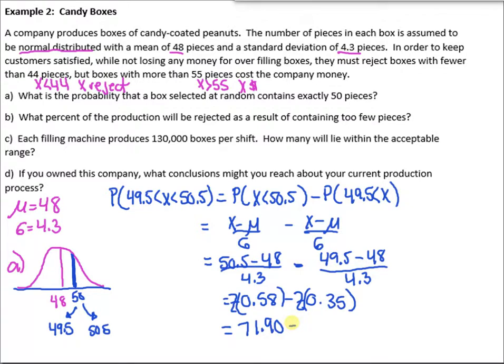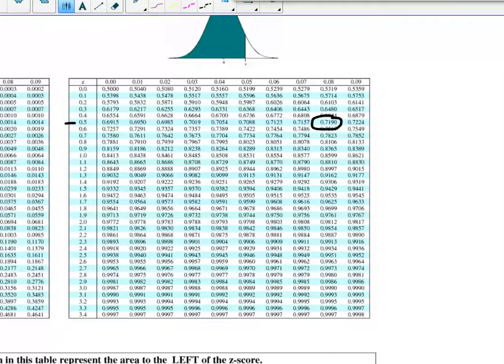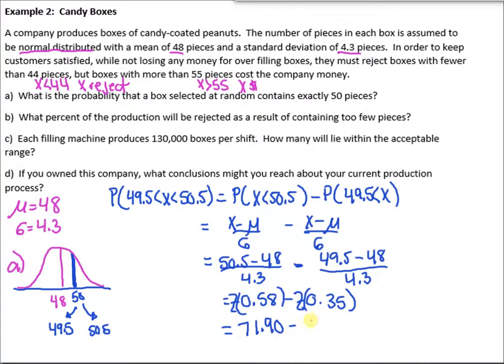So there's a probability of 71.9%. Then we look up 0.35: the row for 0.3 and column 5 gives 63.68. Now let's subtract those: 71.9 minus 63.68 gives a probability of 8.22.